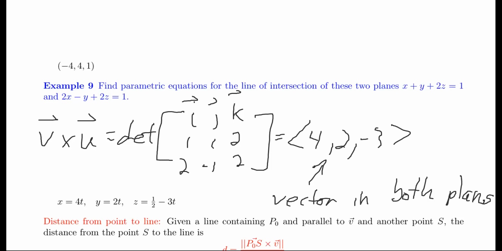Okay. Now we just need to find a point that is in the intersection of those two planes. So how do we do that?